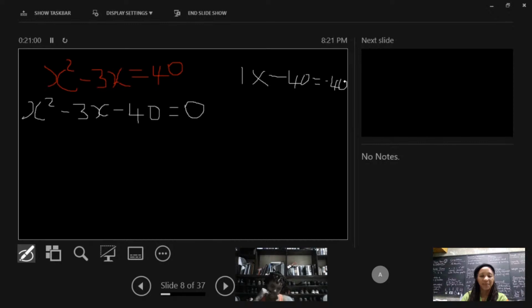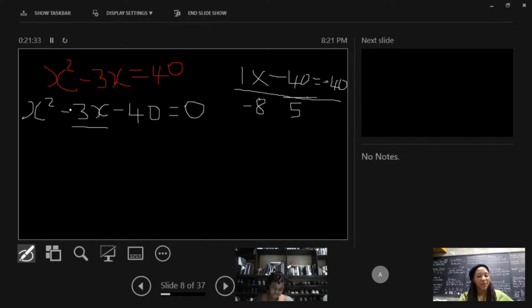So I'm going to ask myself which two numbers multiply to give negative 40 and add to give the middle term, which is -3. So I would say -8 and +5. When we multiply them, we get -40. When we add them, we get -3.